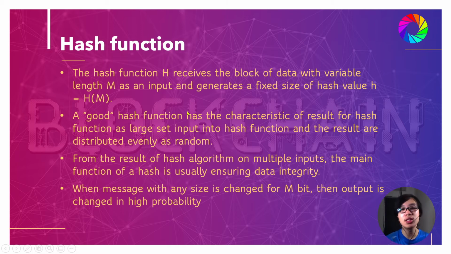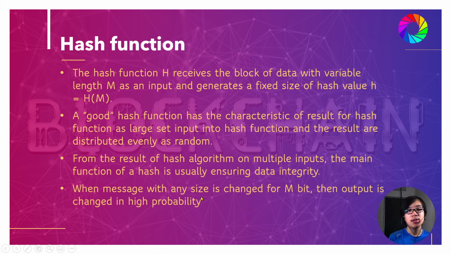So for a good hash function, how about a good definition? It has the characteristic that for a large set of input into the hash function, the results are distributed evenly as random. So we cannot guess the things. The main function of hash is usually ensuring the data integrity.